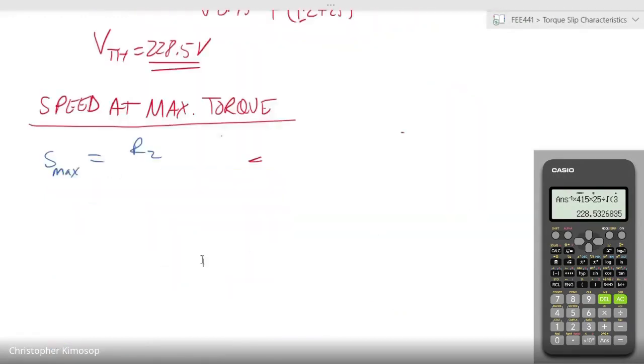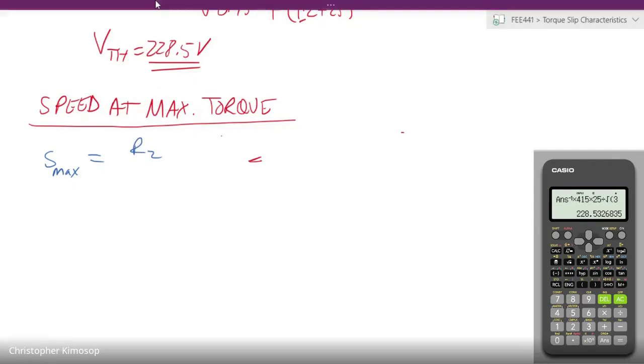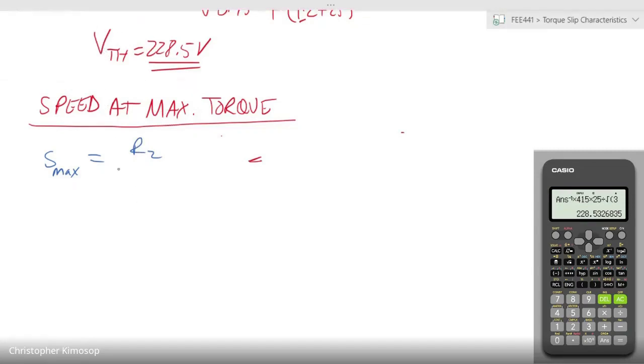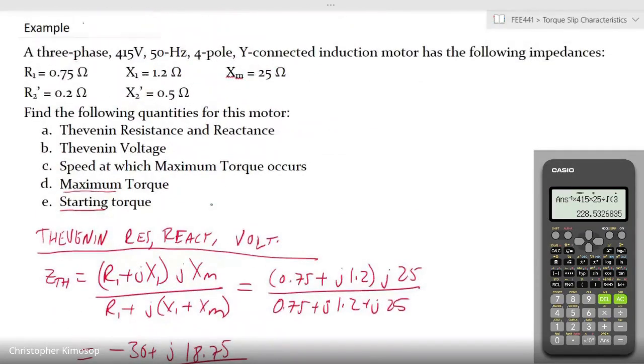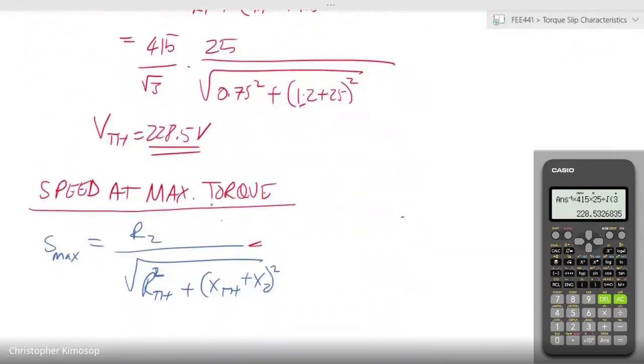So coming back to our example, it will be R2 over the square root of R Thevenin squared plus X Thevenin plus X2 squared, which for us now, R2 was 0.2, and they are similar to the ones above.